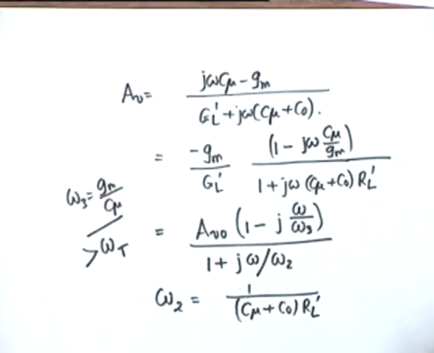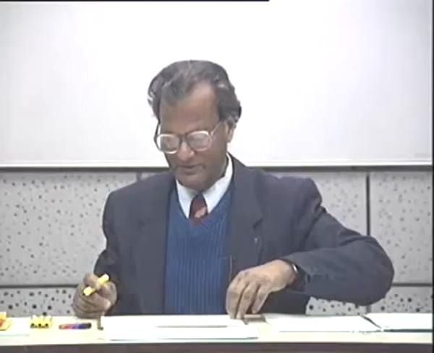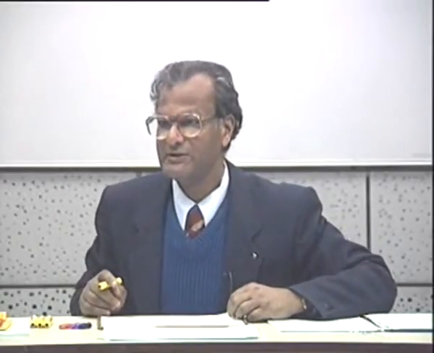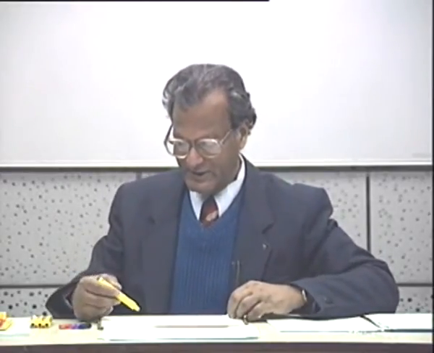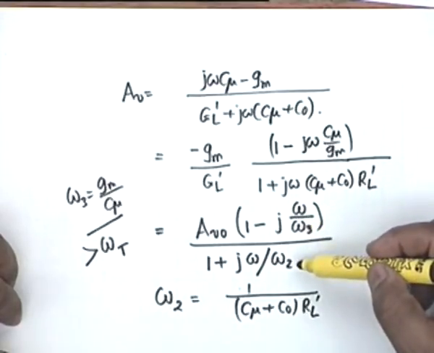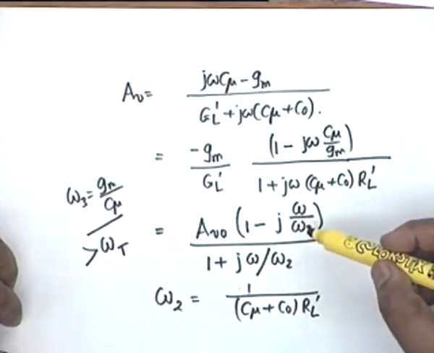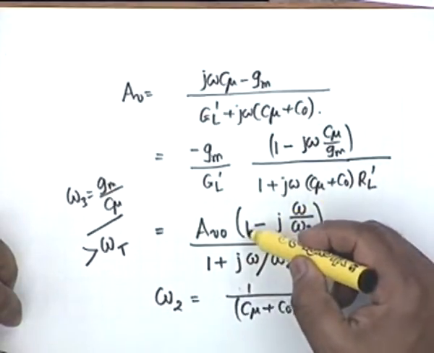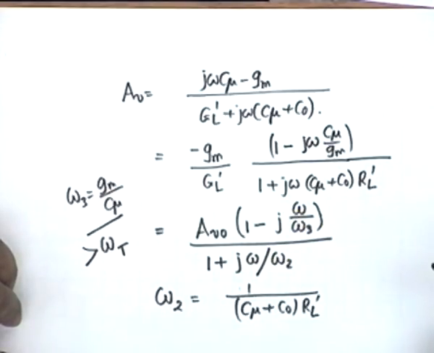Let us take the example that we have been pursuing so far to get an idea about omega 3 and omega 2, and the justification that in the numerator I can ignore this term.